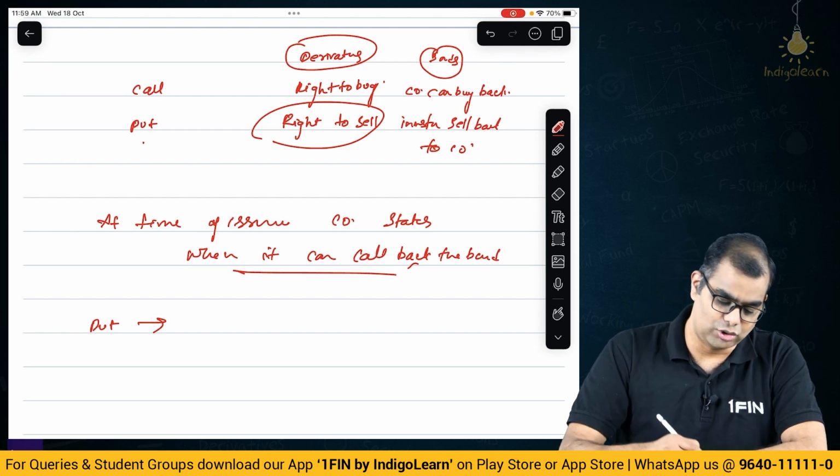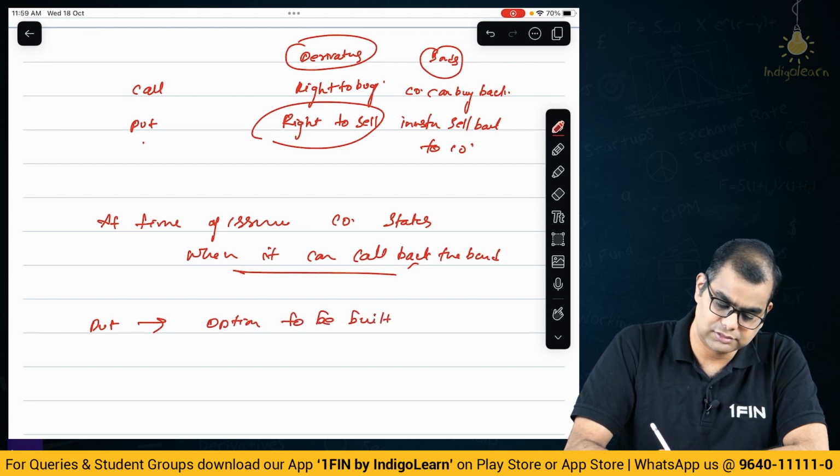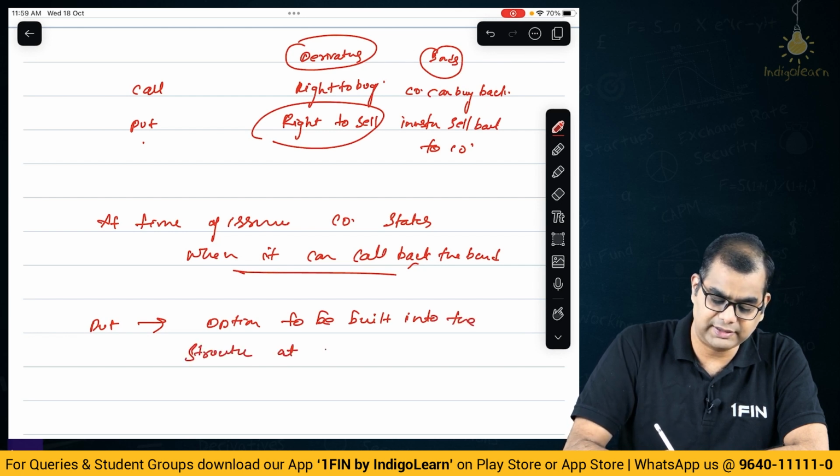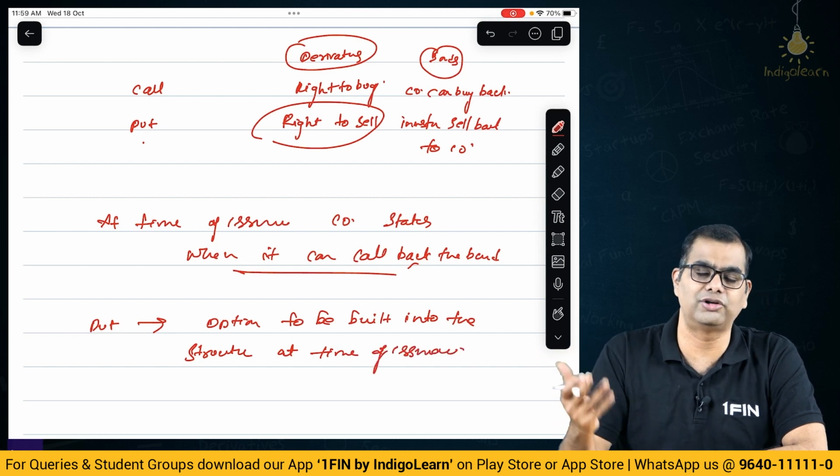But this option also has to be built into the structure at the time of issuance. So, anybody cannot randomly say, today I am calling a bond, today I am putting a bond.